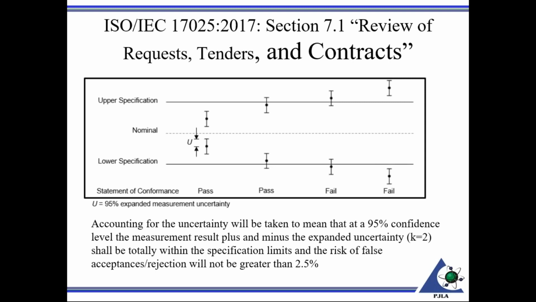So if you're stating a pass or a fail, if, for example, both the value and the uncertainty are totally within the tolerance and do not cross over the specification limit, then you could safely say it passes. Or if the recorded value and the uncertainty are both clearly outside the specifications, that's a clear fail.